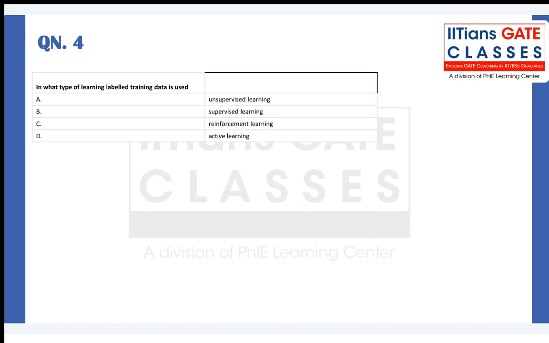In what type of learning will you use labeled training data? Labeled training data means you have X, comma, Y. You know the true output as well, and your model trains a function that maps the true value to the predictions in the best way possible.